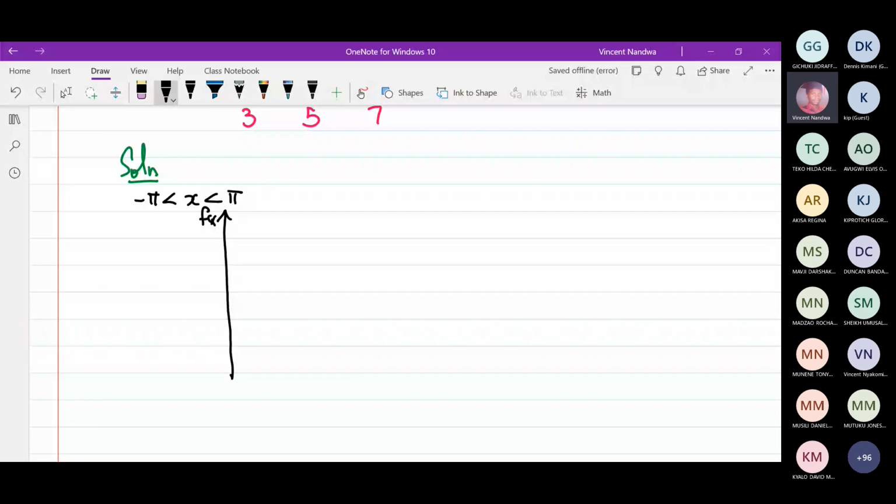And then let me label this as 0, this as 1, this as minus 1, and let this be pi and this be minus pi.